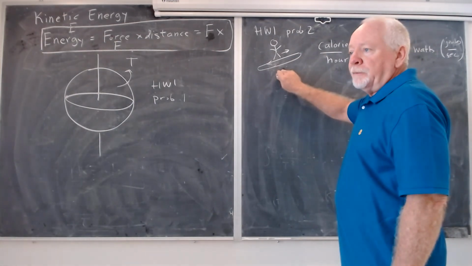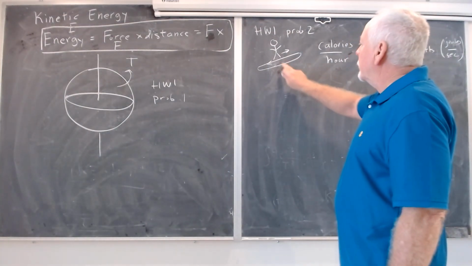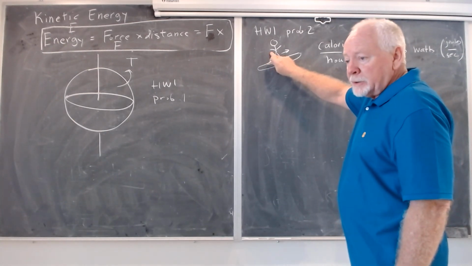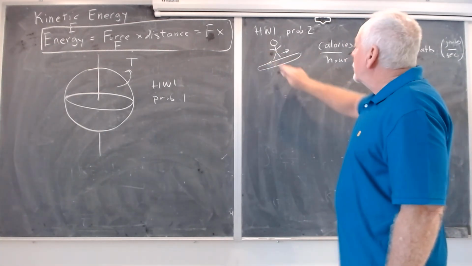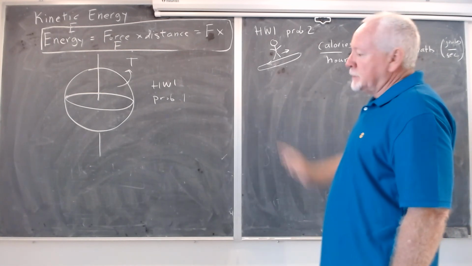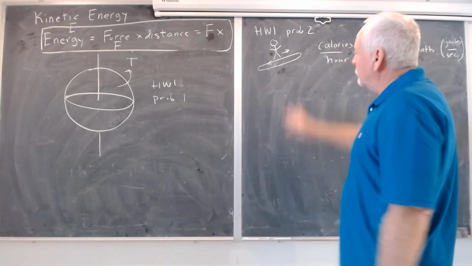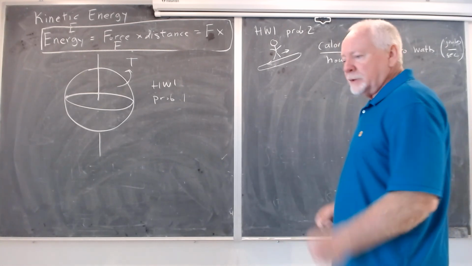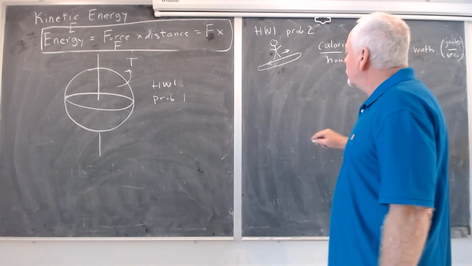Now the person is moving at a constant velocity, so his kinetic energy is not changing. But he is essentially going uphill. He's not really, but he's on an incline, so as far as he's concerned, he's going uphill at a certain rate.